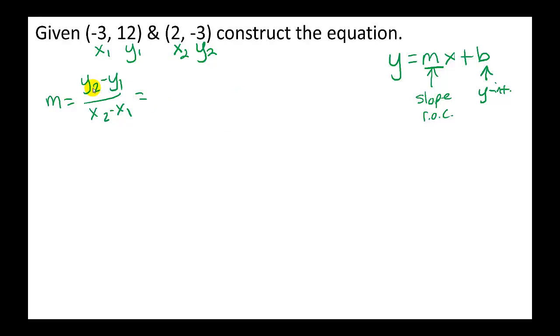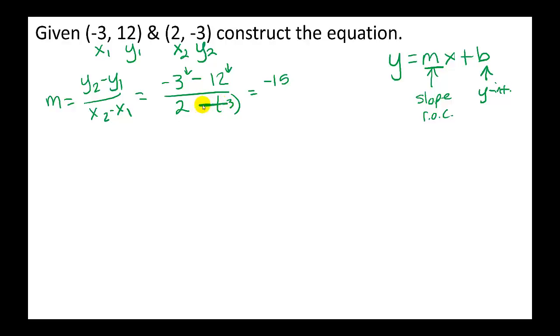So I can now plug in. y2 is -3, minus y1 is 12, over x2 is 2, minus x1 is -3. Negative 3 and a negative 12 are going down and more down, which gives us a negative 15. 2 minus a negative 3.